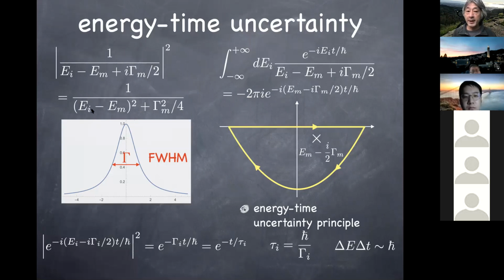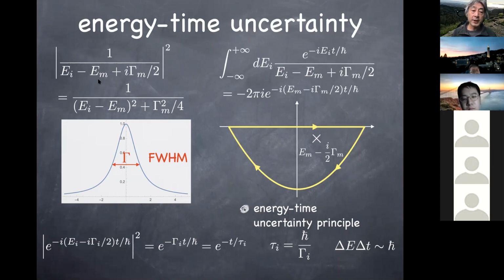And I can go back to the time domain. The idea between the frequency domain and time domain is the Fourier transform. So if you have this behavior in the amplitude with this complex denominator, I can do the Fourier transform of that behavior and go to the time domain as a function of t now.